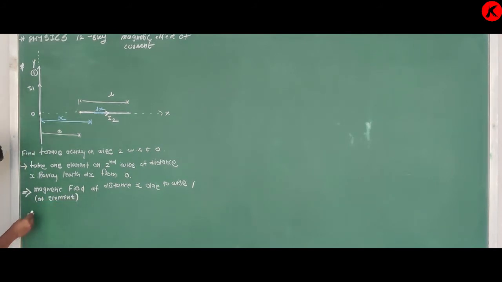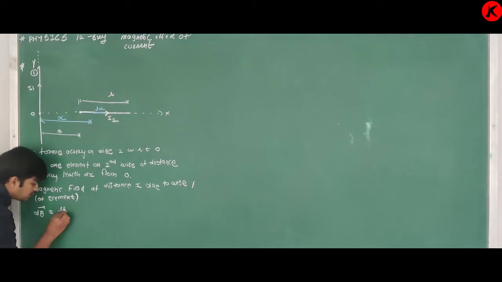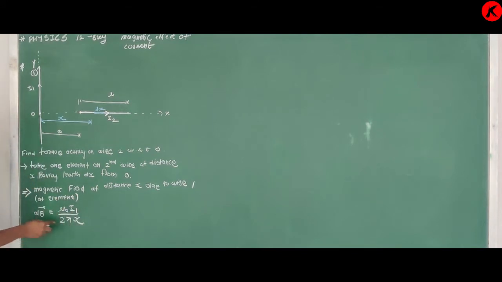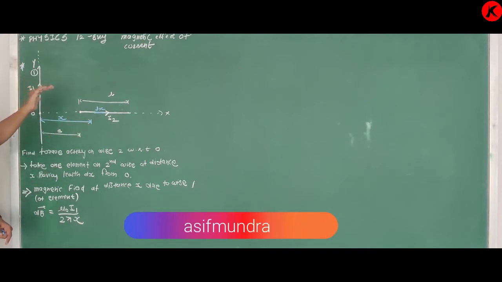What is the equation of magnetic field? I will write dB. For a long straight wire the magnetic field is mu 0 I upon 2 pi r. Here I will get dB equal to mu 0 I1 upon 2 pi x, where the distance is x. Now what is the direction? It is simple. Current I1 is going in the upward direction, and the element is in this direction, so the thumb is going inside.